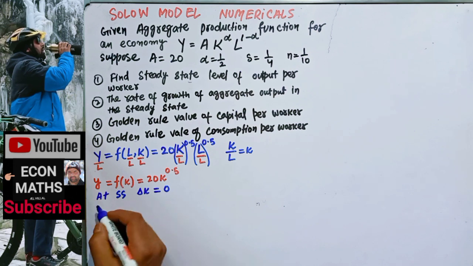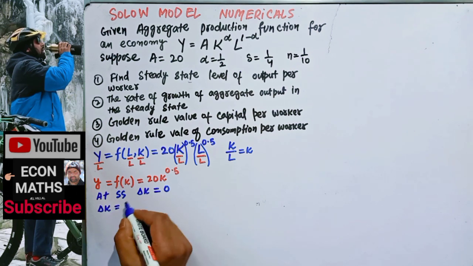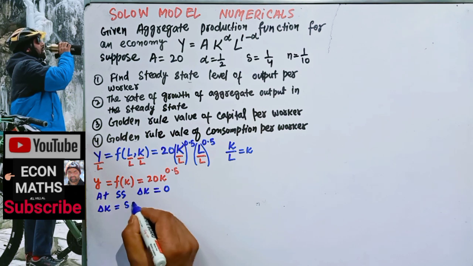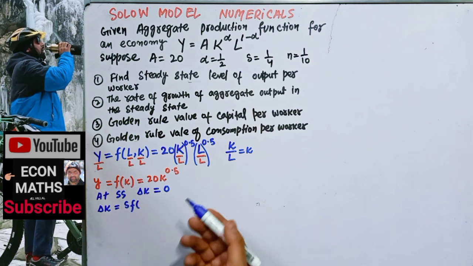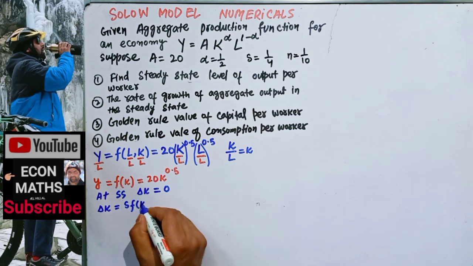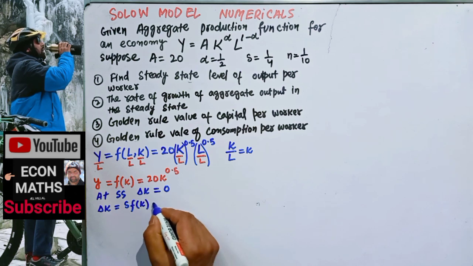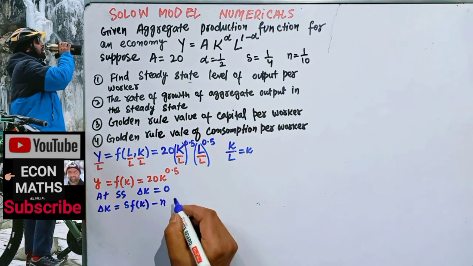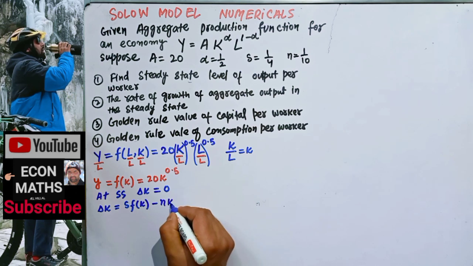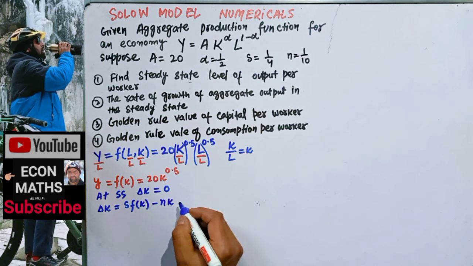Now what is change in capital stock? Change in capital stock is simply equal to s times F of k, that means savings, which is equal to investment in the Solow model, minus n k, where n is the population growth rate times k, capital per worker.